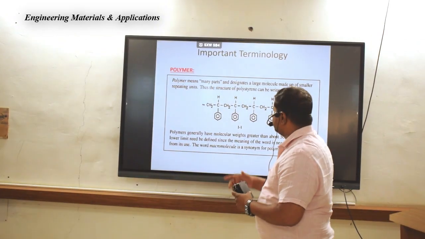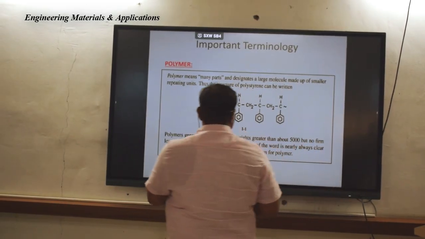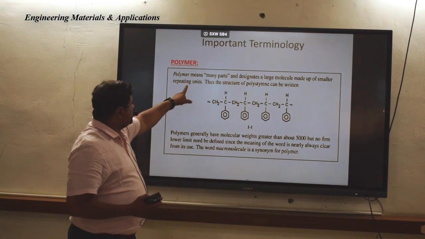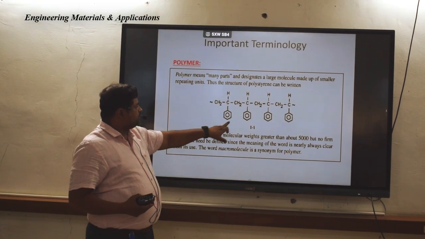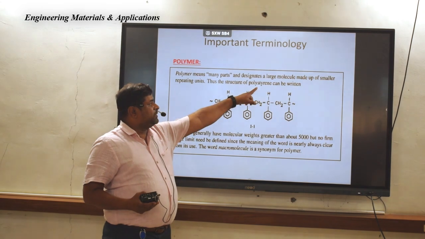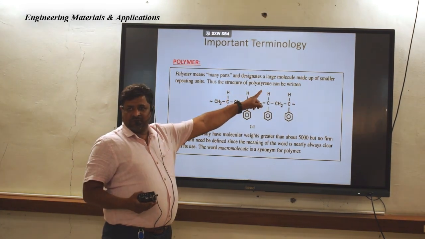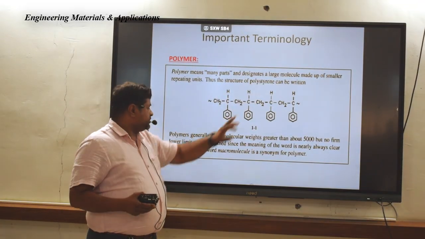Only these two slides. Polymer means many parts and designates a large molecule made up of smaller repeating units. Thus the structure of polystyrene can be written as, for example, polystyrene. One styrene monomer unit will be there, and with the polymerization technique it can be converted into polystyrene.